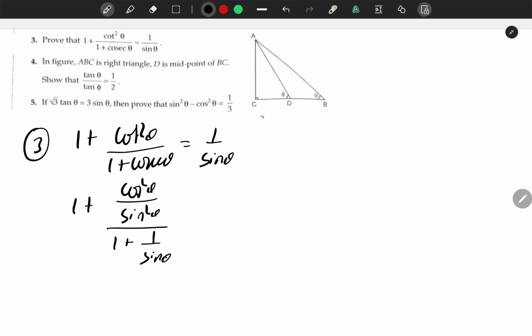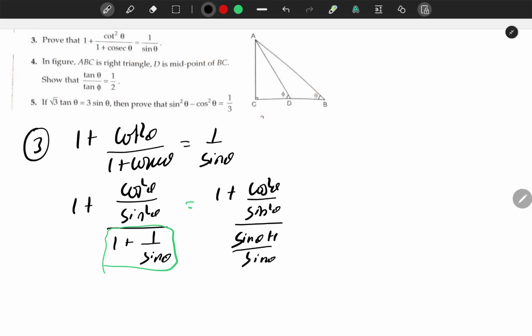If you take the LCM for these two, 1 plus cos square by sin square by sin theta, 1 by sin theta. So this will get reciprocal.